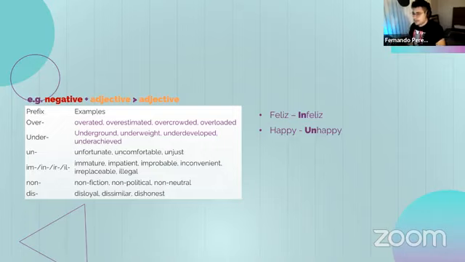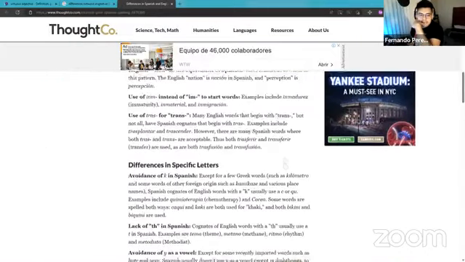So let's talk about differences. Differences in Spanish and English spelling.